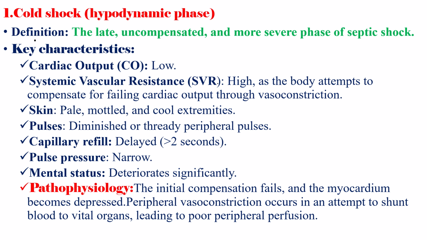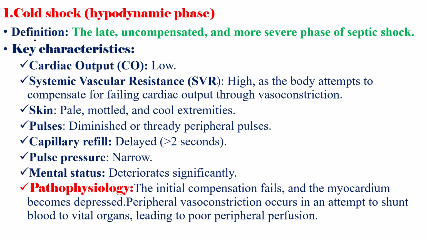The initial compensation fails and the myocardium becomes depressed in this case. Peripheral vasoconstriction occurs in an attempt to shunt blood to vital organs, leading to poor peripheral perfusion. So cold shock is characterized by cool, mottled skin, weak peripheral pulse, slow capillary fill, and it's due to low cardiac output and high systemic vascular resistance.